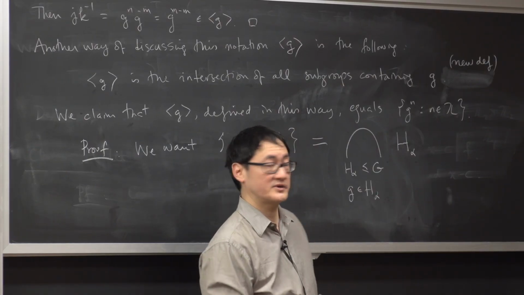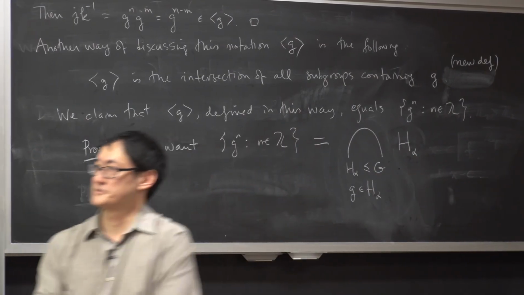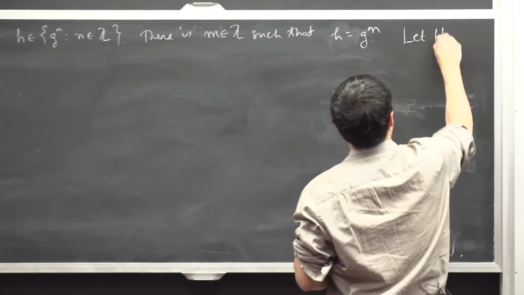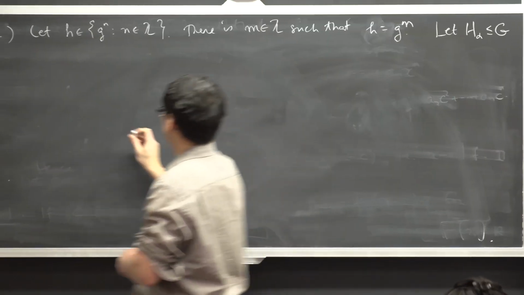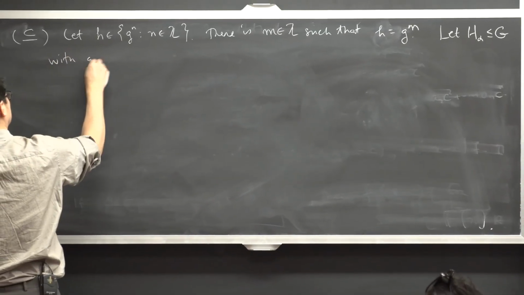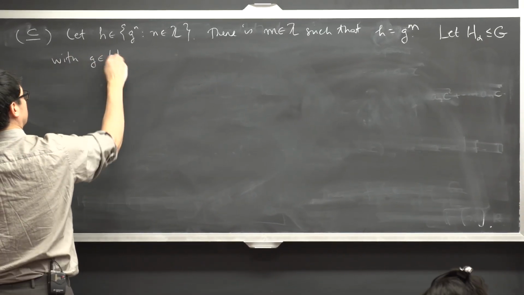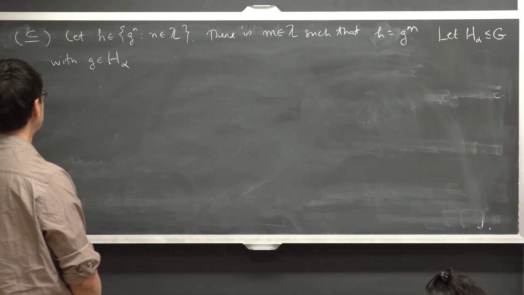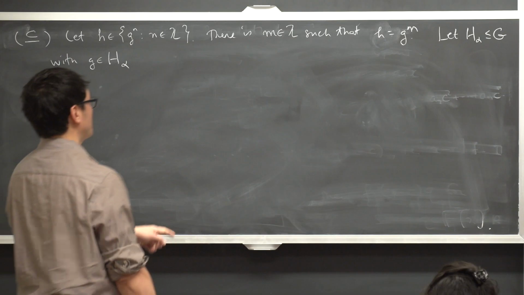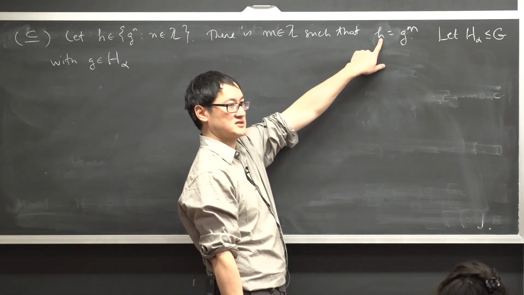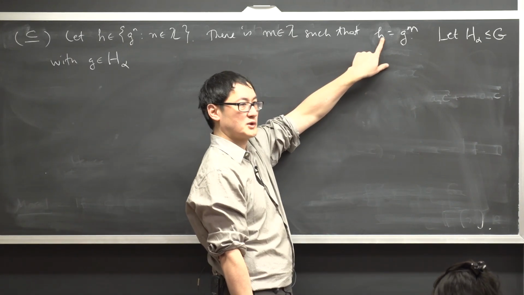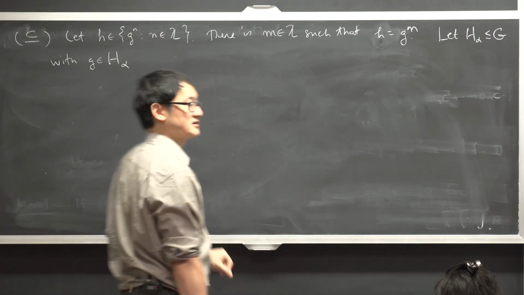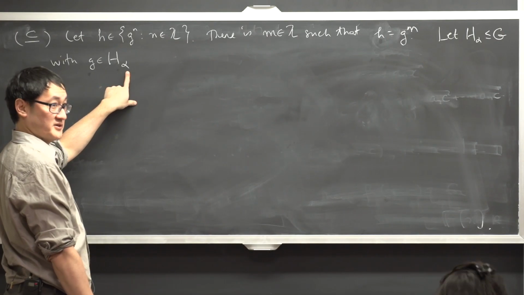You show that it's in all of them, right? So take something like this. Let H alpha be a subgroup in G, with G in H alpha. Does it make sense? Does H belong to it? What do I want to show? I want to say something about this H. What do I want to know about this H? That it's in H alpha. Is it? Well, G is in H alpha.